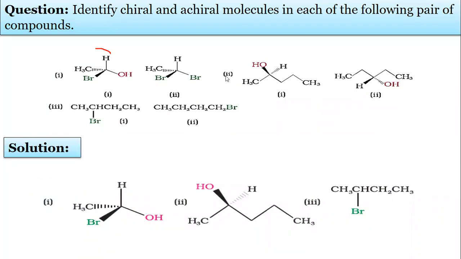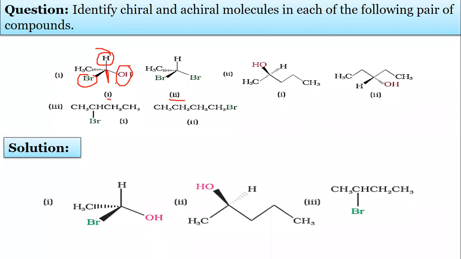Tell me, is this chiral? This carbon is a chiral carbon, because four different groups are attached here: H, OH, Br, and CH3. So this is also chiral. These are pairs 1 and 2. What we have to do is identify the chiral and achiral molecules.